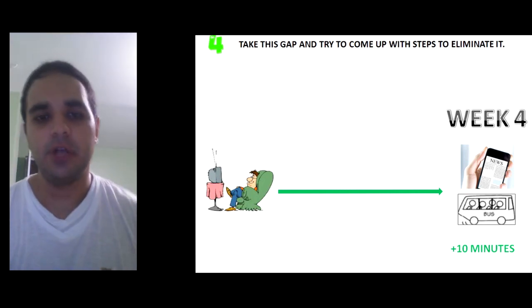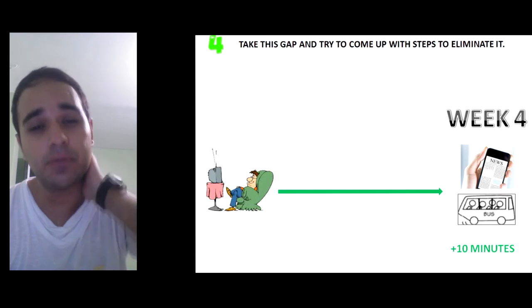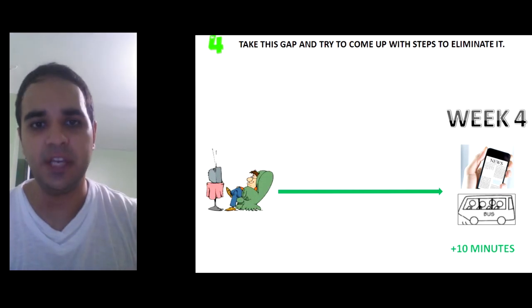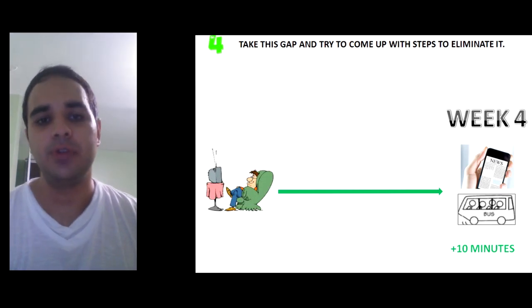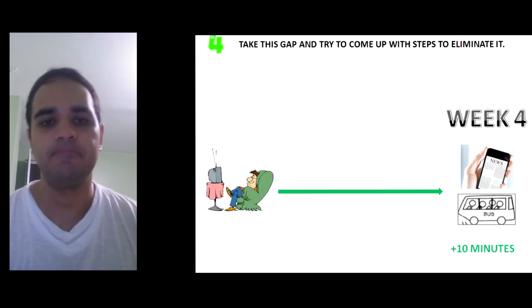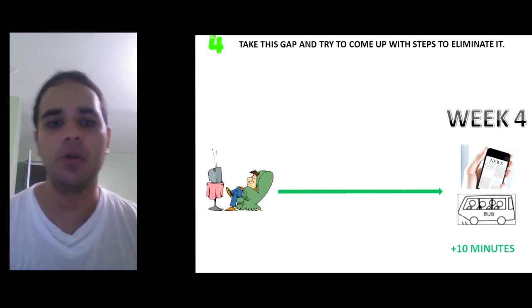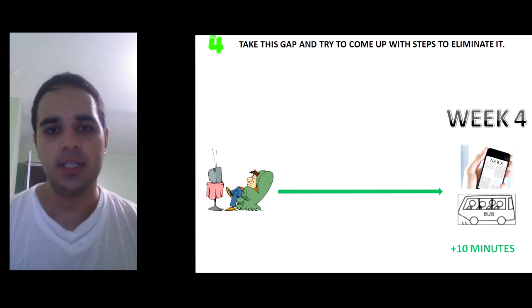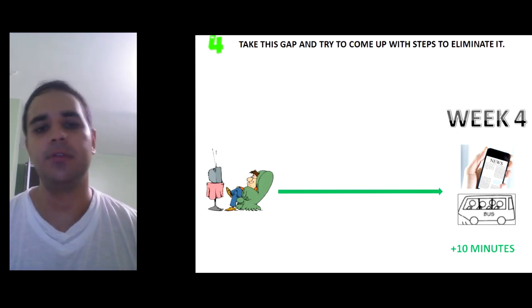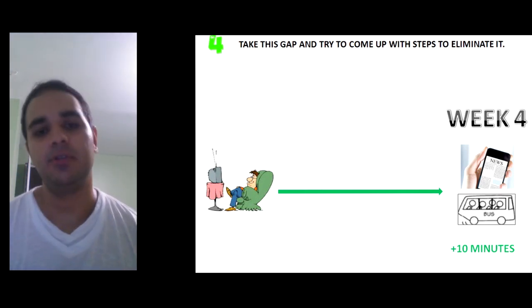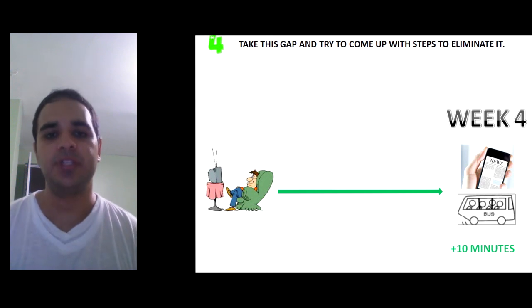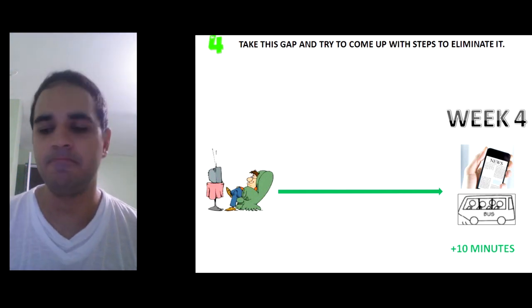So instead of watching the news on TV at home, you're going to do that on the bus while going to work. Instead of watching, you're going to read, right? You're going to access the internet and you're going to read the news. This will save you more 10 minutes.